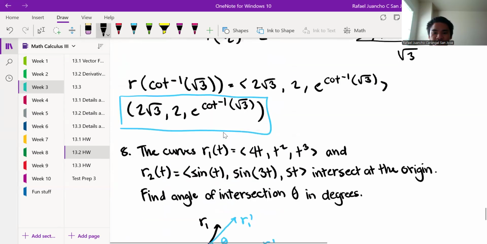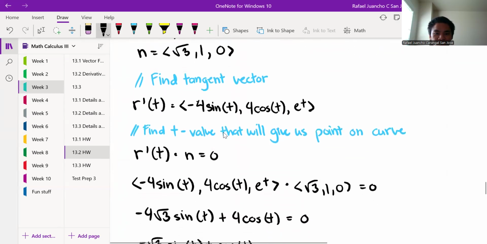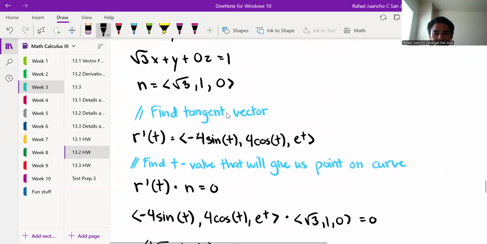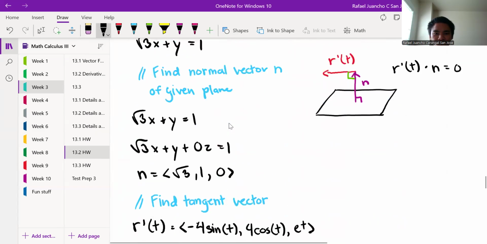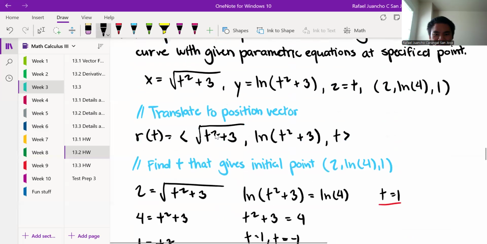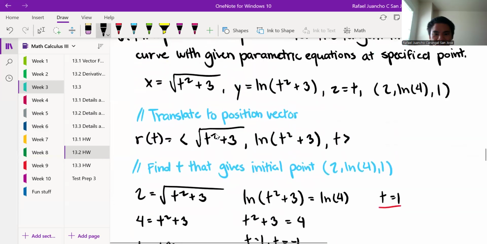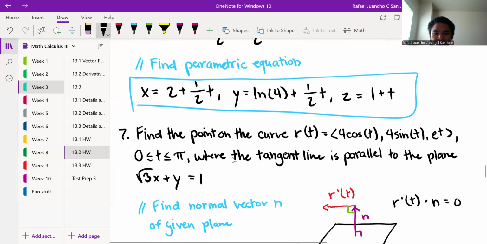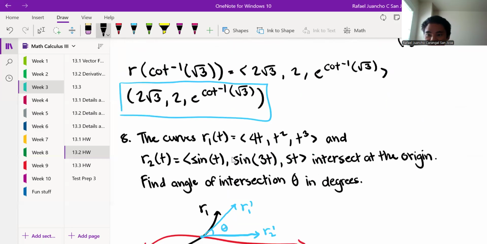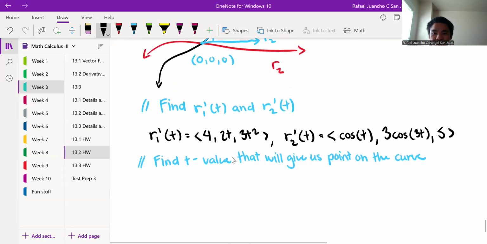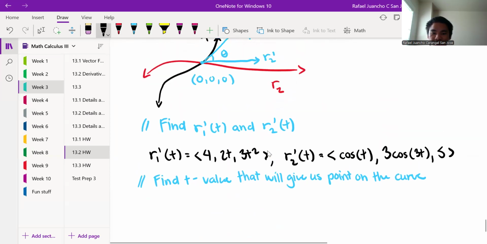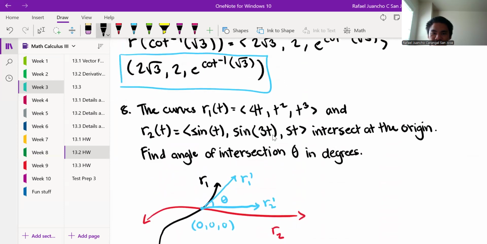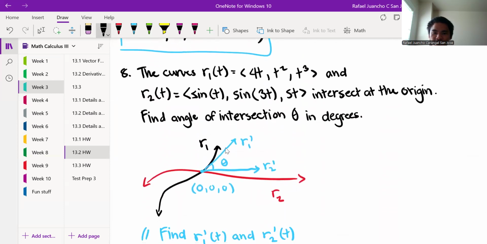And so here we're going to use the position vectors, right? Is that what I did here before? Find t that gives initial. Yeah, see, I use my position vectors because that's where I want to find a specific point. The tangent vectors are for when I want to find the direction. So here I want to find the t value first. So I'm going to use these position vectors here, and I'm going to equate them to 0.